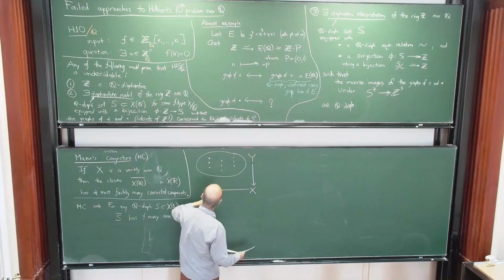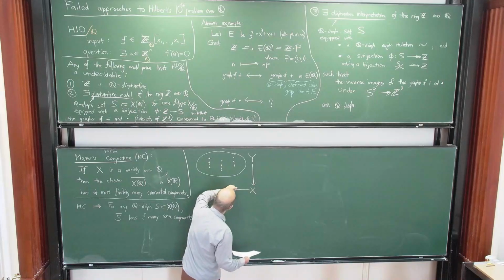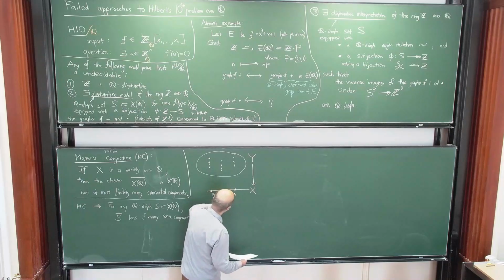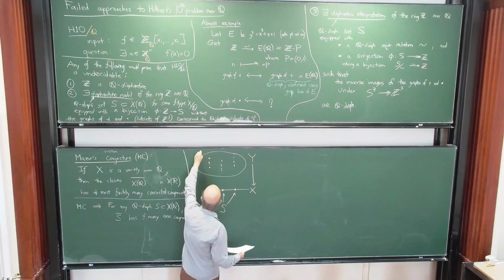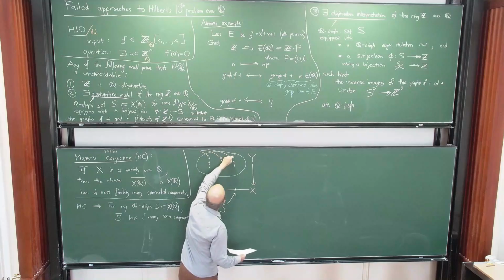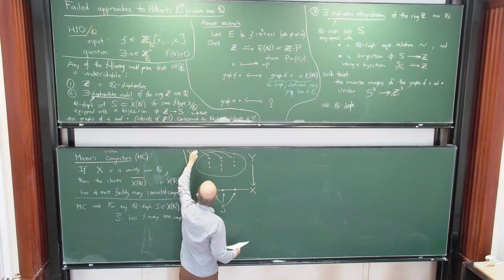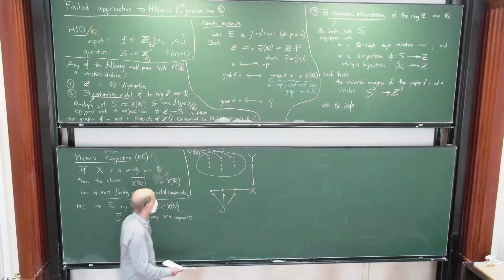You have a bunch of points here, and then the image points, when you project them down, that's the Diophantine subset. So the set of rational points of Y(Q) is here, and then the image is S.